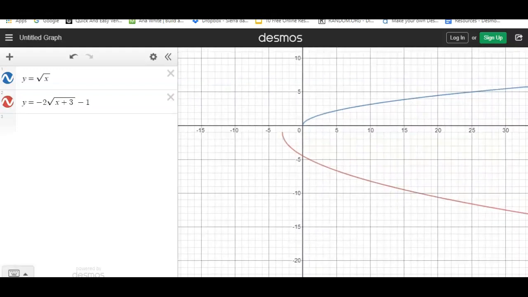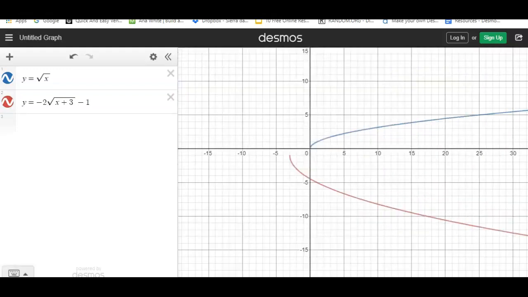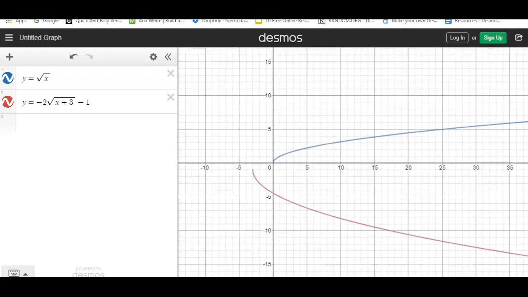Notice looking at our blue parent function compared to our red new function, it has been reflected, so it's flipped over. It's shifted left 3, down 1, and it's a little bit stretched.